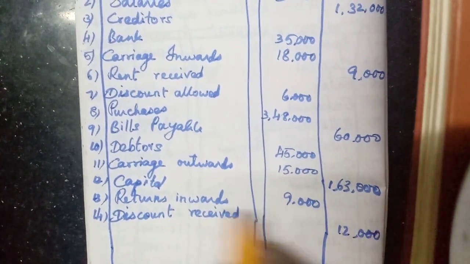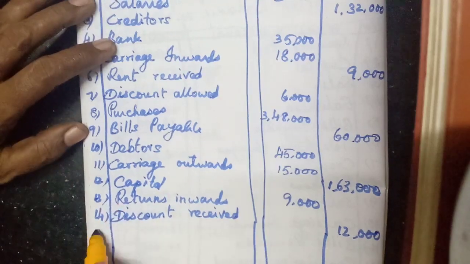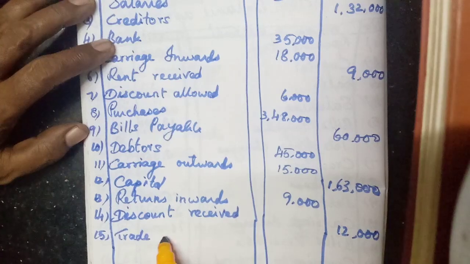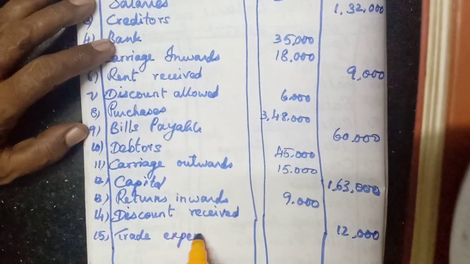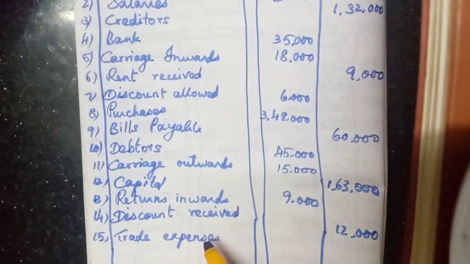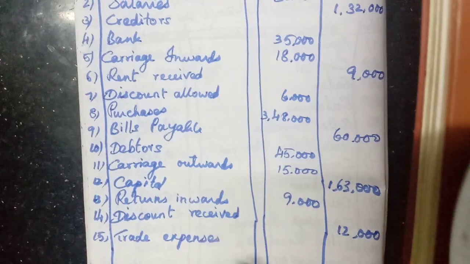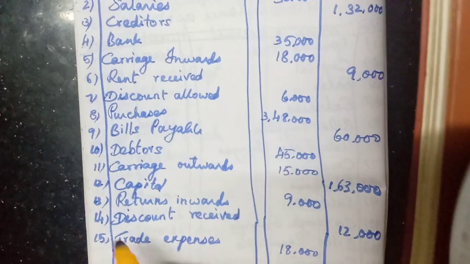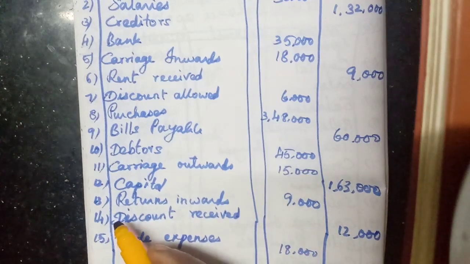So credit. Trade expenses. Expenses debit. So 18,000. Sales.